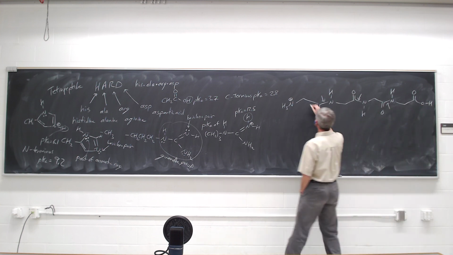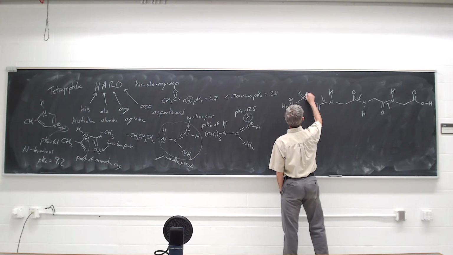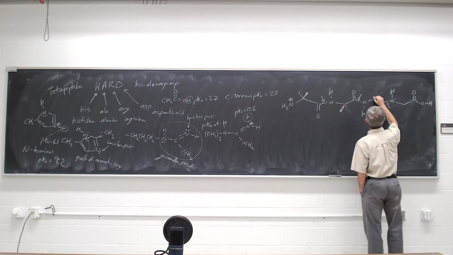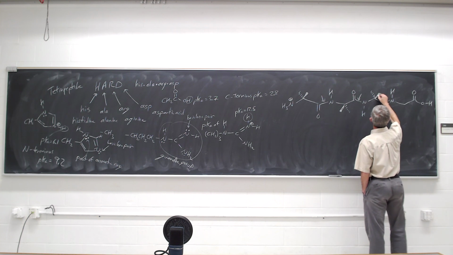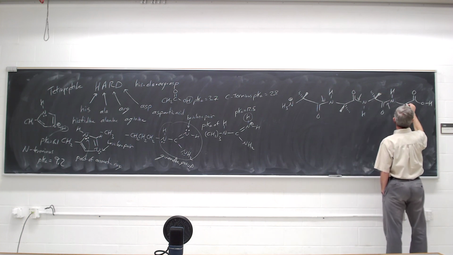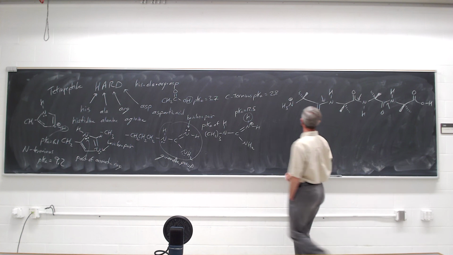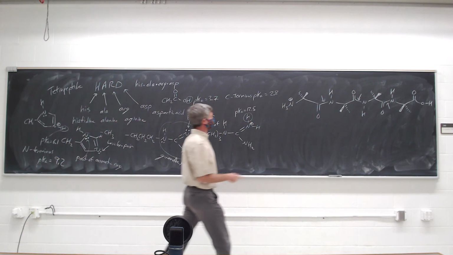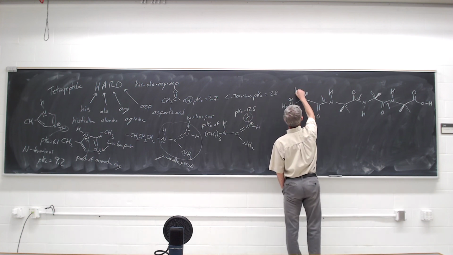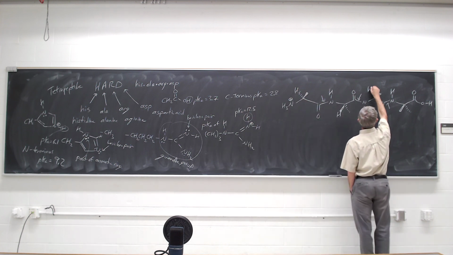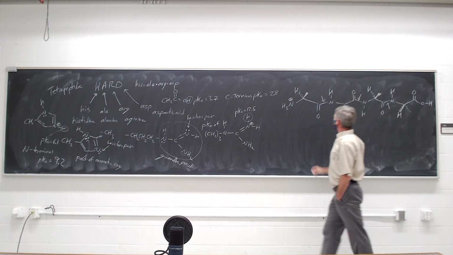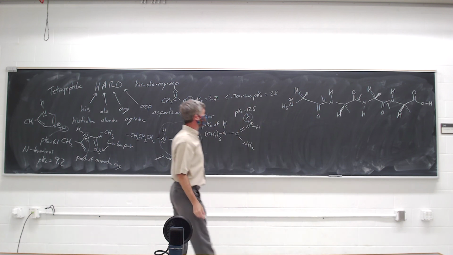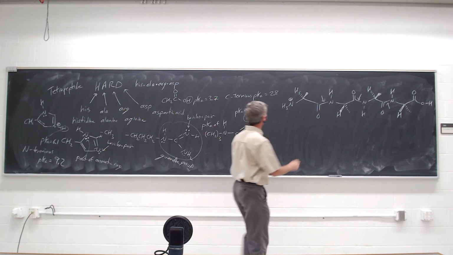And then I'm going to put on side chains. Where are the hydrogens? Back, up, back, up. It doesn't actually matter if you start with the vertex pointing up or if you start with the vertex pointing down. I started with the vertex pointing up both times, but that's just my habit.